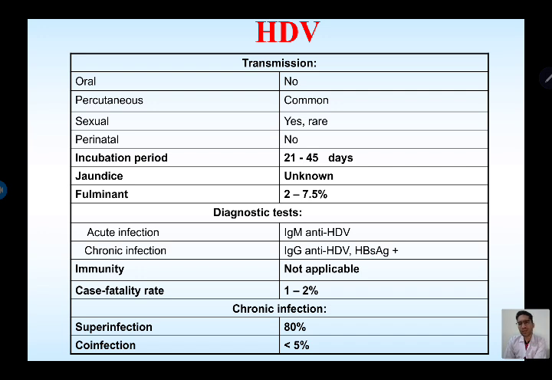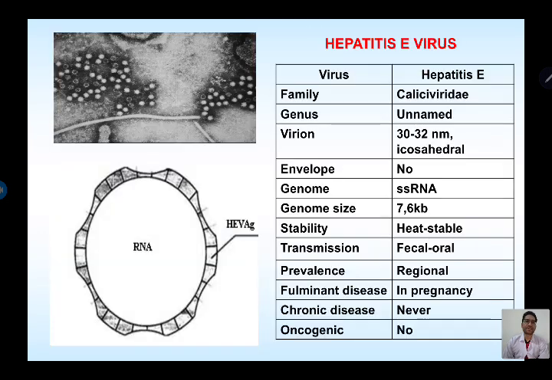Diagnostic test: for acute infection, IgM anti-HDV. For chronic infection, immunoglobulin G anti-HDV. Hepatitis B surface antigen. Immunity is not applicable. Case fatality rate is 1 to 2%. Chronic infection: superinfection 80% and co-infection 5%.